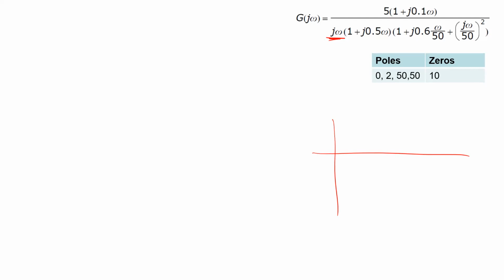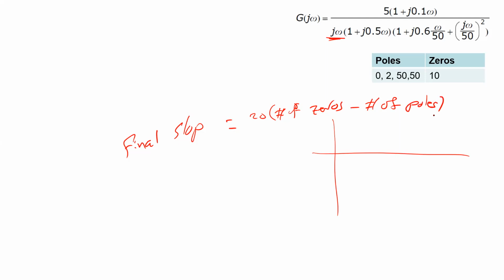What will be the final slope? Final slope equal to 20 times the number of zeros minus the number of poles, the difference between them.